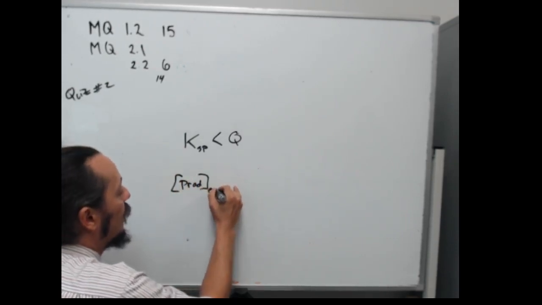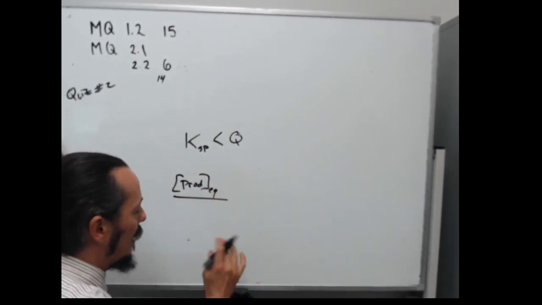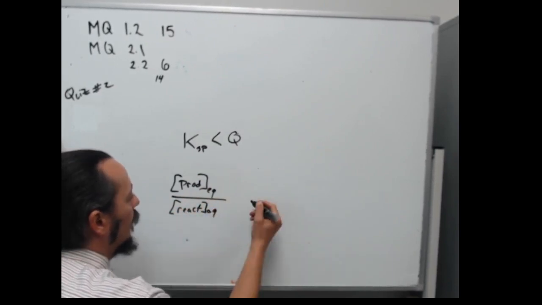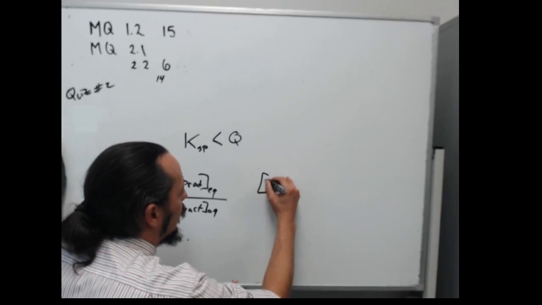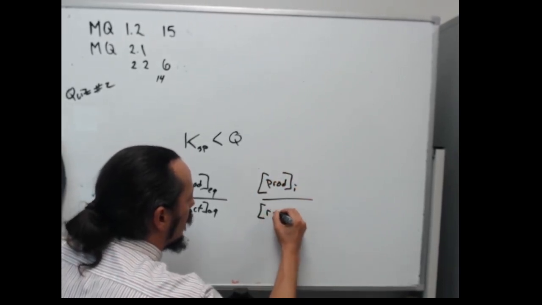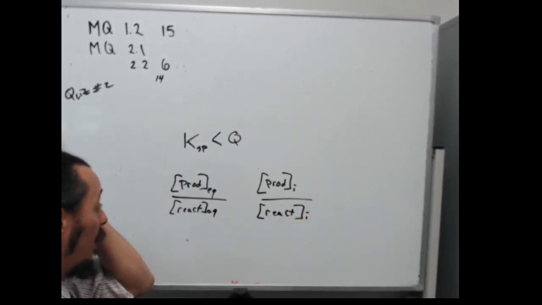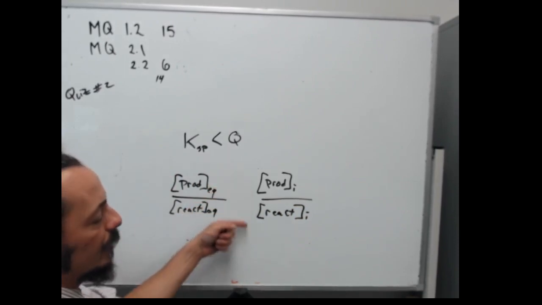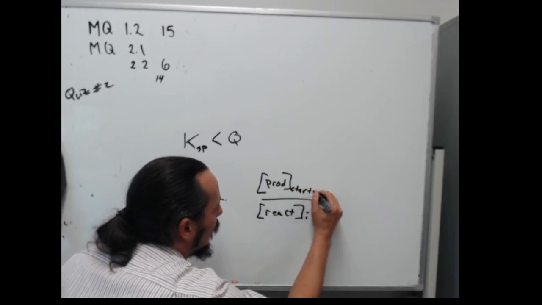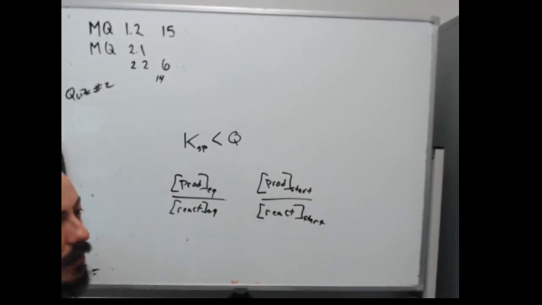Always write it as Q and then K and then whatever the little symbol is. Well, let me show you the other way you can think about it. Right, it's a ratio of products to reactants, and it's the equilibrium values versus your initial values, or your start values. I like start better. So we're looking at our starting values versus our equilibrium values.